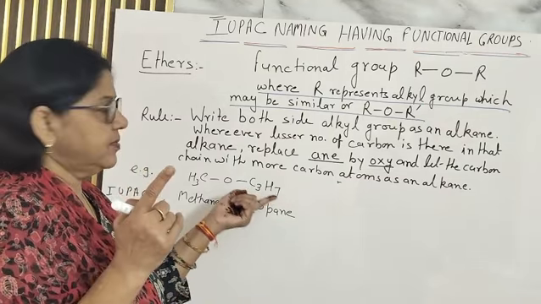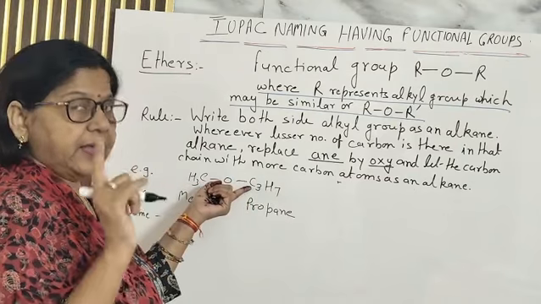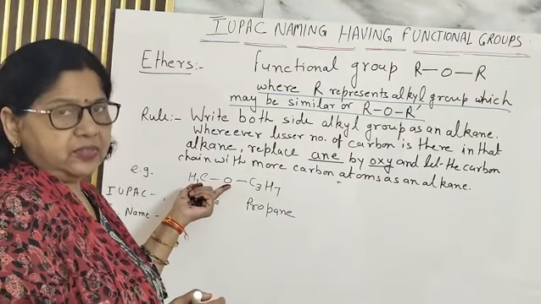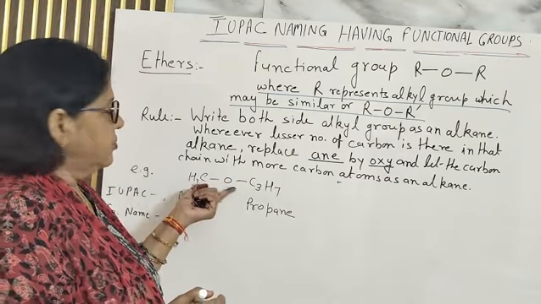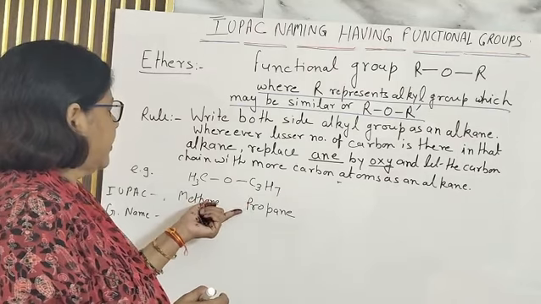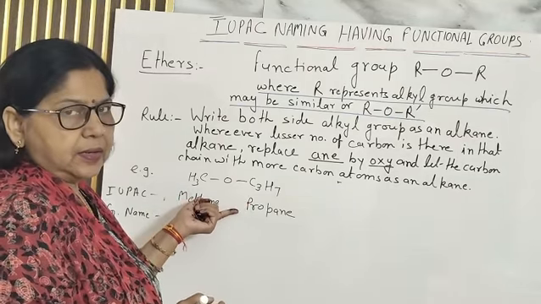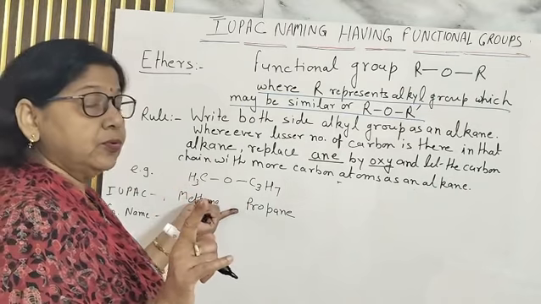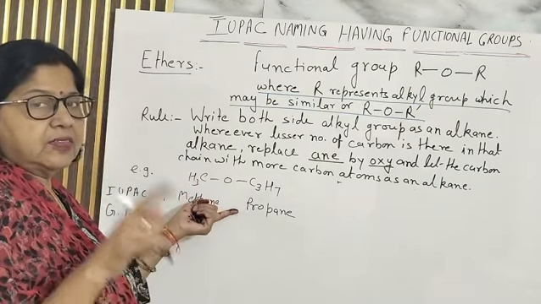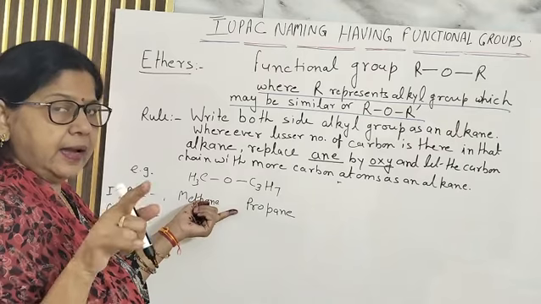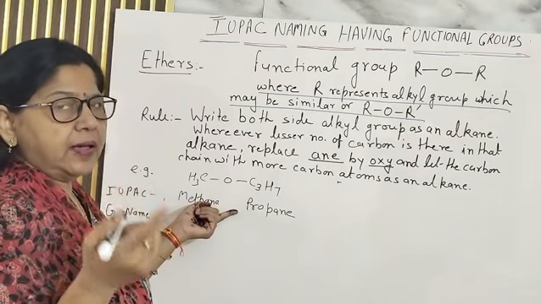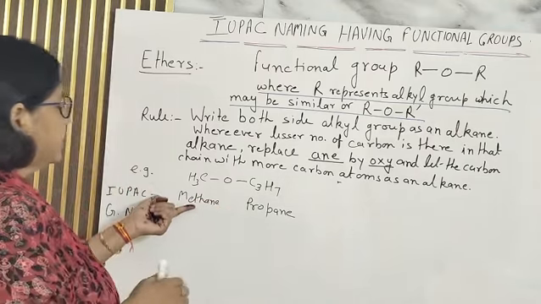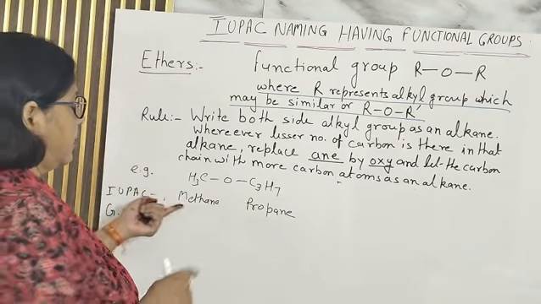Obviously, when one valency of the carbon is free, then only it will attach to oxygen. So on both sides I have written methane and propane. Now according to the rule, what to do? In the smaller alkane, ane will be replaced by oxy. Here is meth, here is prop, this is smaller.